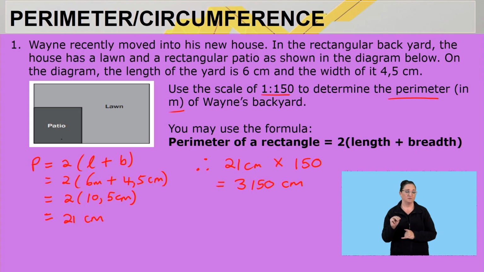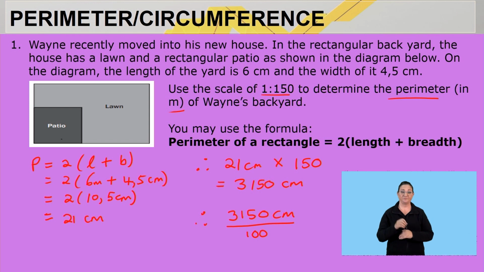Now I'll take 3,150 centimeters and divide this answer by 100, because 100 centimeters equals 1 meter. So 3,150 divided by 100 will give me an answer of 31.5 meters. Can you see? So this time around, your answer is in meters.